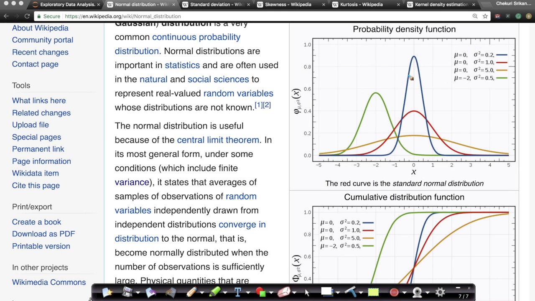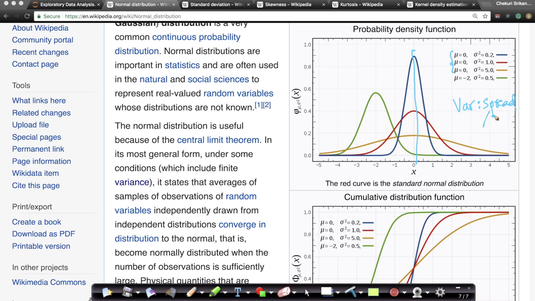If you look at these three plots here, your blue, red, and yellowish plots, all of them have a mean of 0. And as variance increases, the variance of your blue plot is 0.2, the variance of your red one is 1, and the variance of your yellow line is 5. We do know that variance is a measure of spread.